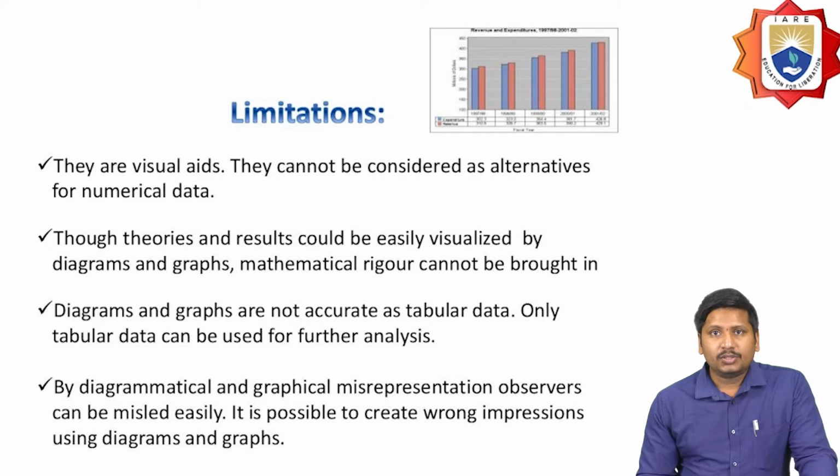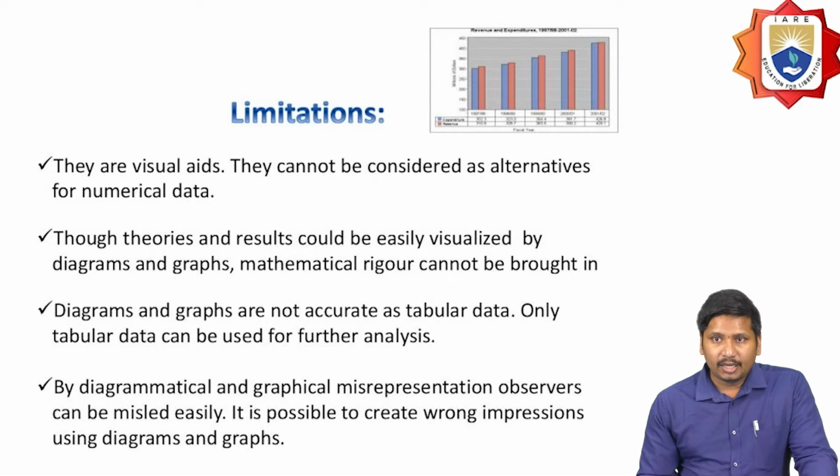Now the limitations. They are visual aids, and they cannot be considered alternatives for numerical data. Though theorems and results can be easily visualized by diagrams and graphs, mathematical rigor cannot be brought into them. Diagrams and graphs are not as accurate as tabular data, as tabular data can be used for further analysis.